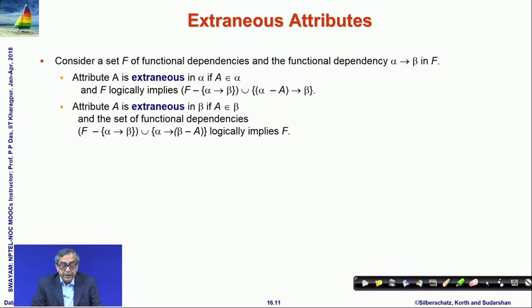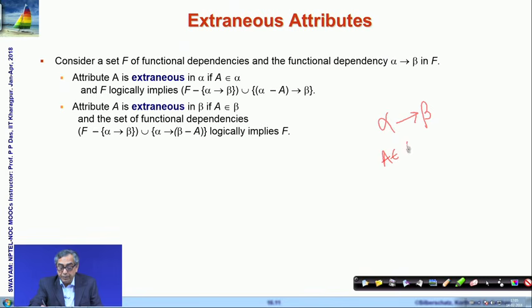So, if I have a functional dependency, let us say alpha functionally determines beta, and I have an attribute A which belongs to alpha, then we can check whether it is possible to remove A from alpha.